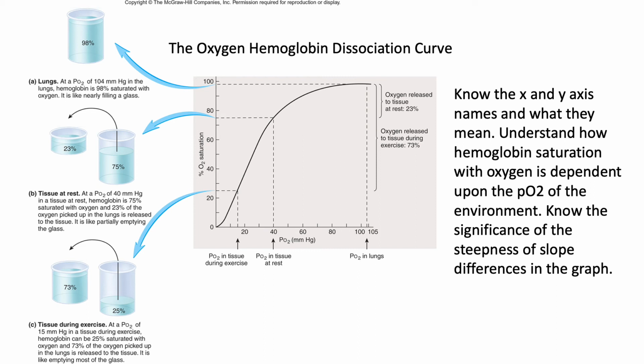So a small change on your x-axis leads to a large change on the y-axis, and that is a product of the steepness of that curve. So the curve has different shapes and different regions that serve different functions. Because this is very steep, we have a large response to a relatively small change.